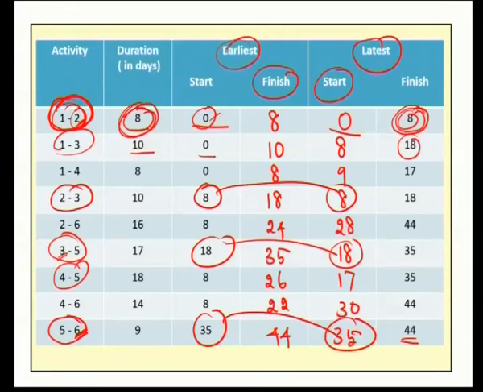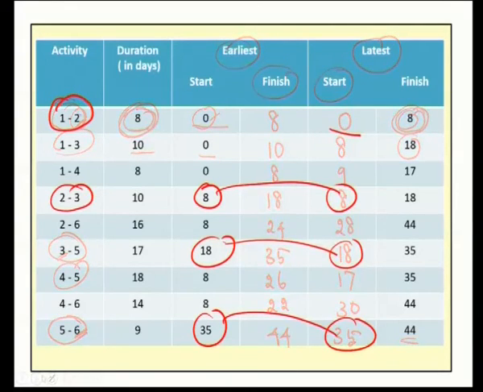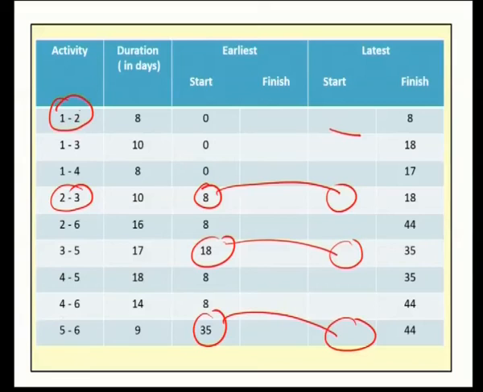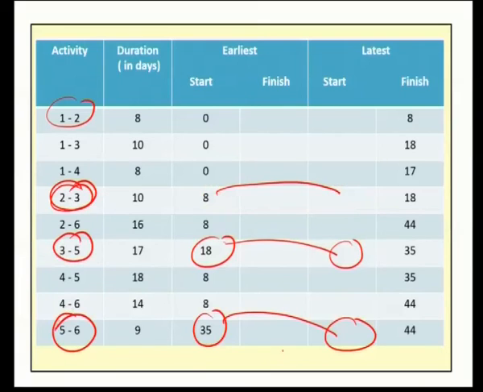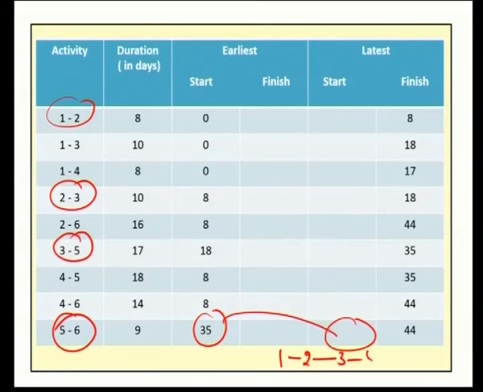Therefore, as far as this table is concerned, the critical path activities are 1 to 2, 2 to 3, 3 to 5 and 5 to 6, which takes 44 days. 8 plus 10 plus 17 plus 9 gives us 44. Therefore, the total completion time of this project is 44 days.